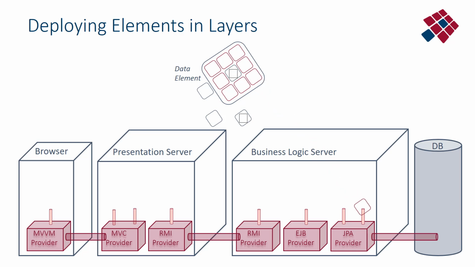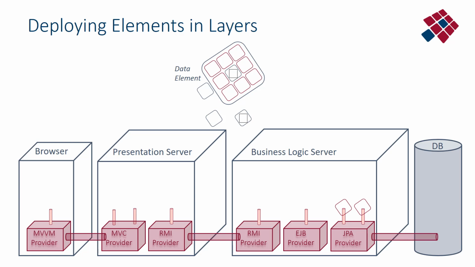So that class, in the logical structure of the element, would be deployed there physically. Another class would also interact with the persistency framework and be deployed in that part of the system.